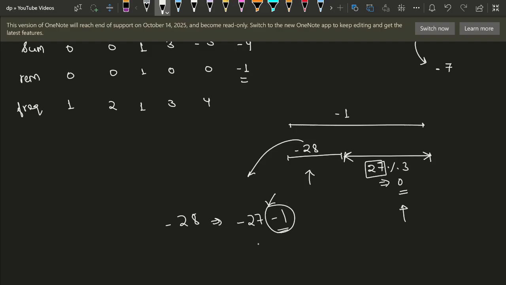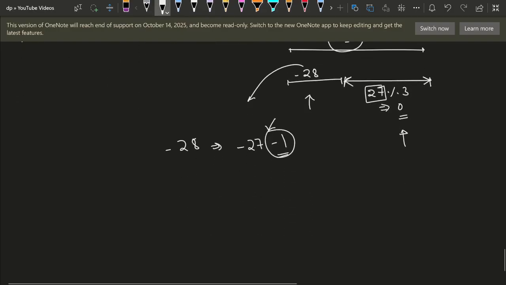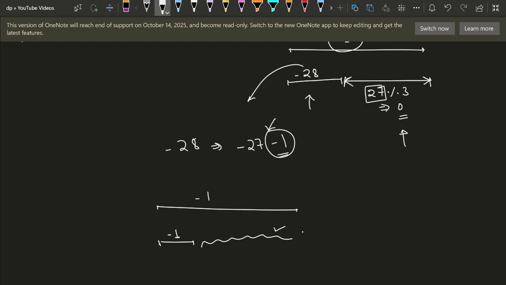So for minus 1 also we are going to use the same technique. From here till here our subarray sum has a remainder of minus 1. From here till here our subarray sum has a remainder of minus 1 also. So we can take a look at this, and this should be divisible by 3. But what about the positive integers?